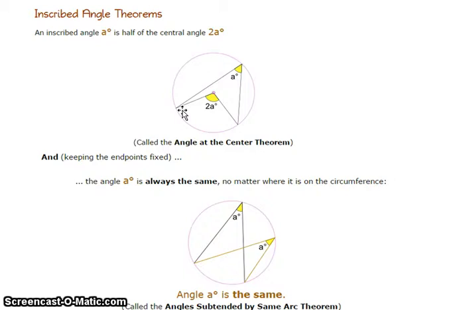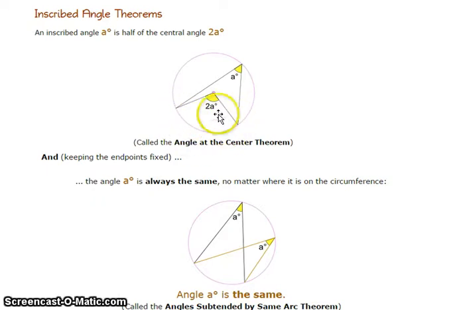And what you see here is that they share something. And they share this little arc here. And when they do that, the angles are being subtended by this arc. Okay, so basically they share the same endpoints.